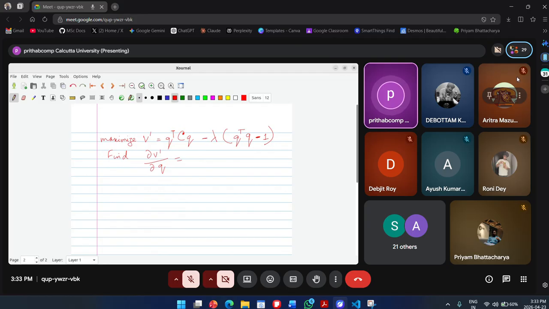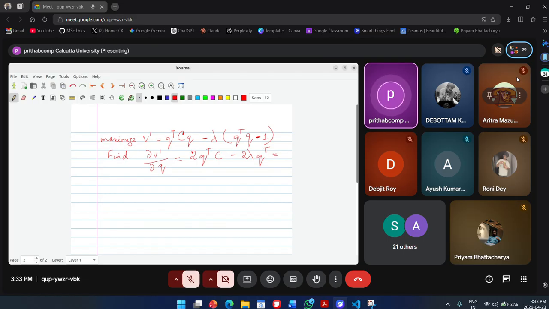So when you differentiate, the 2 comes over here, and we get 2 Q transpose C minus 2 lambda Q transpose. And the minus 1 becomes 0.